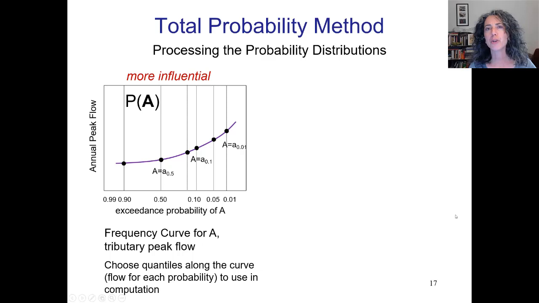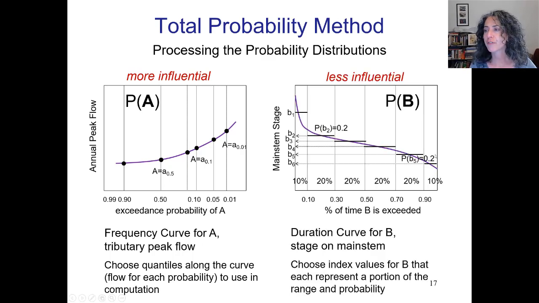So the way I'm going to use this information for A and B is I'm going to discretize both distributions, but in different ways. For variable A, I'm just going to pull values off my frequency curve, so values of A with different exceedance probabilities, and I'm going to keep those as exceedance or cumulative probabilities.